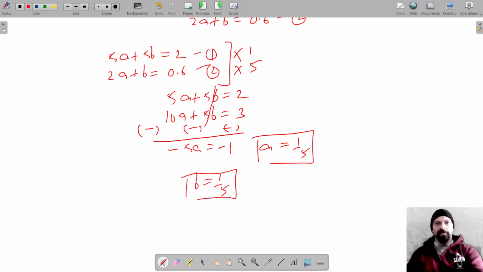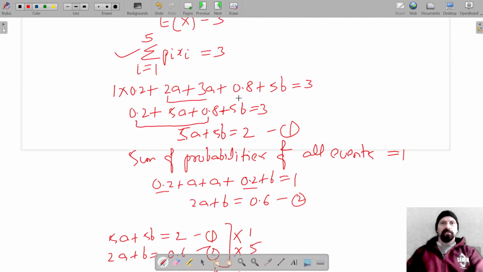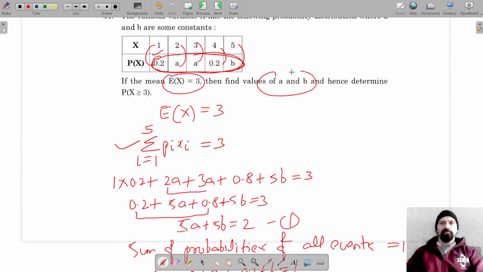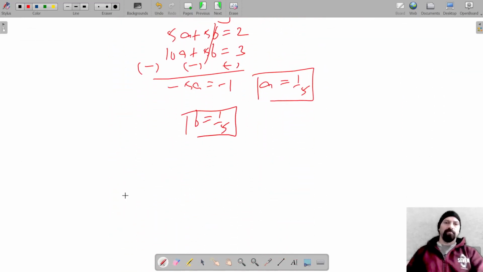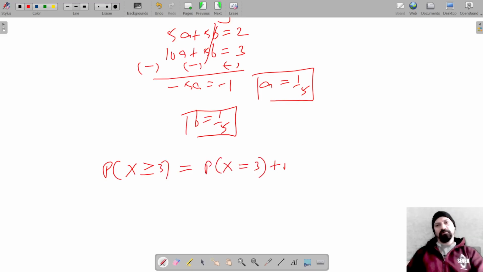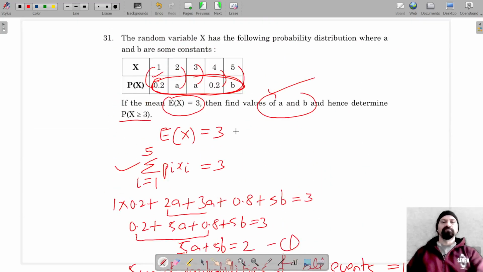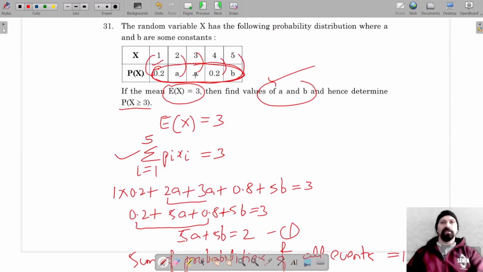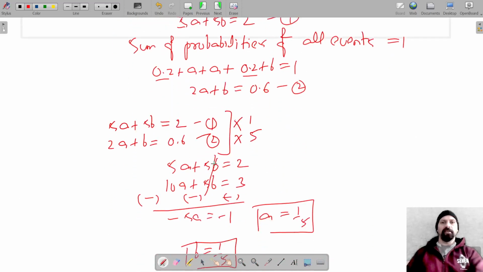Okay, now in this question, it's further asked, we have determined the values of a and b, and hence determine the probability of when x is greater than or equal to 3. So the probability when x is greater than or equal to 3 means the probability when x is equal to 3 plus the probability when x is equal to 4 plus the probability when x is equal to 5. For 3, the probability is a.